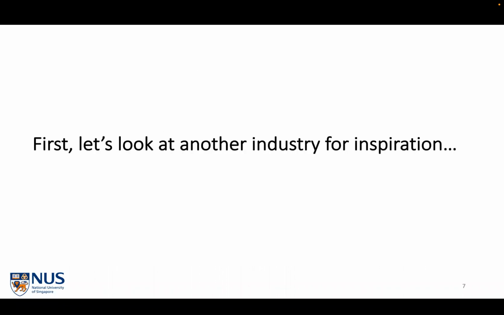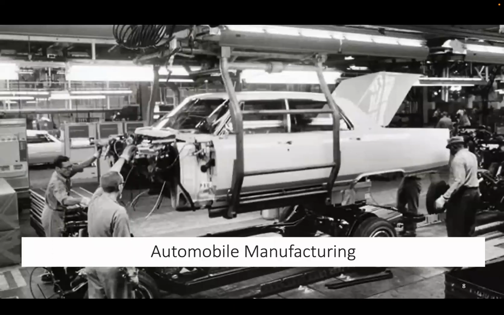And that's what I want to talk about first: the built environment and construction. Let's compare that to other industries that we might be familiar with. The only main one we'll look at today is automobile manufacturing, so cars, basically, right? Here's a nice photo of an assembly line, probably in the 1950s or 60s.